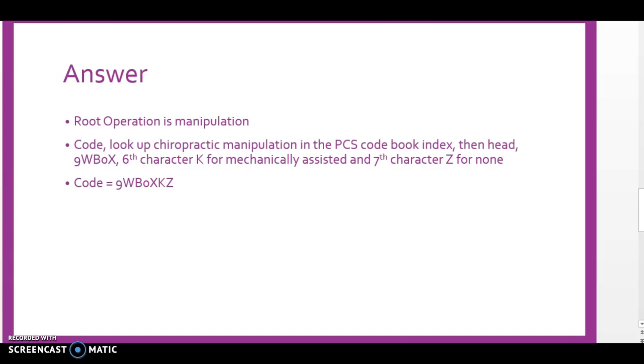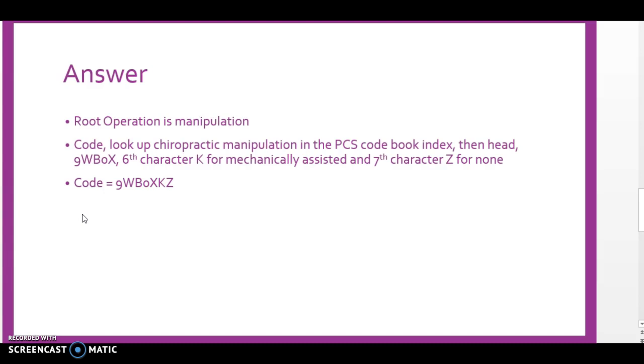So then that's a direction for us to follow, and we're going to go to chiropractic manipulation under C in our index. So under chiropractic manipulation, we're going to go to the head, which is giving us characters 9WB0X. So we're going to flip to table 9WB.